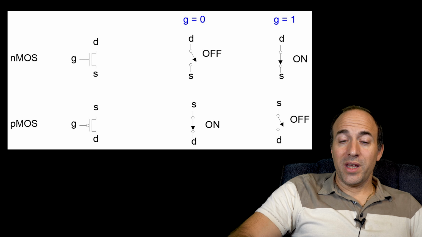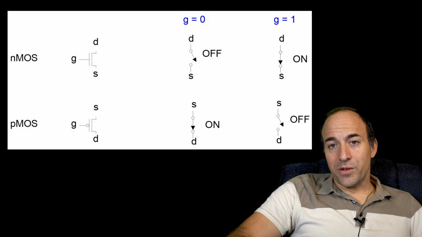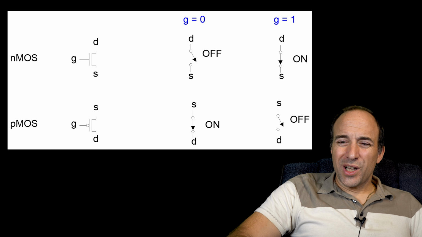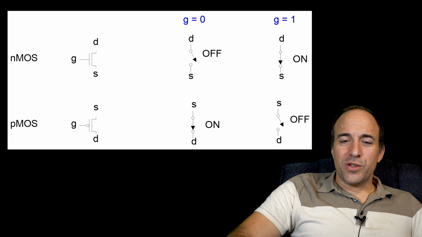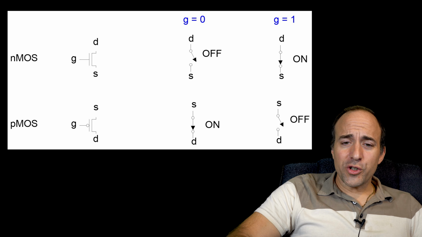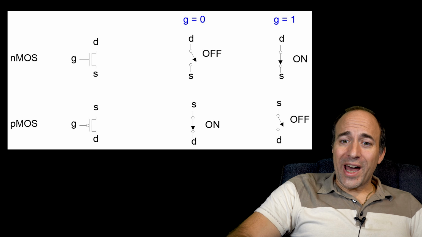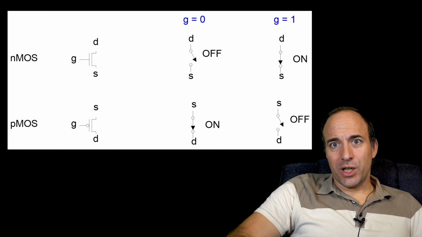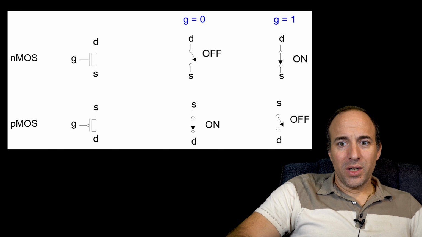So a 1 on the gate turns an NFET on, and a 0 on the gate turns a PFET on. And as with the N-type transistor, you want the source and drain to be close in voltage to the substrate voltage to allow for maximum minority carrier concentration in the channel.